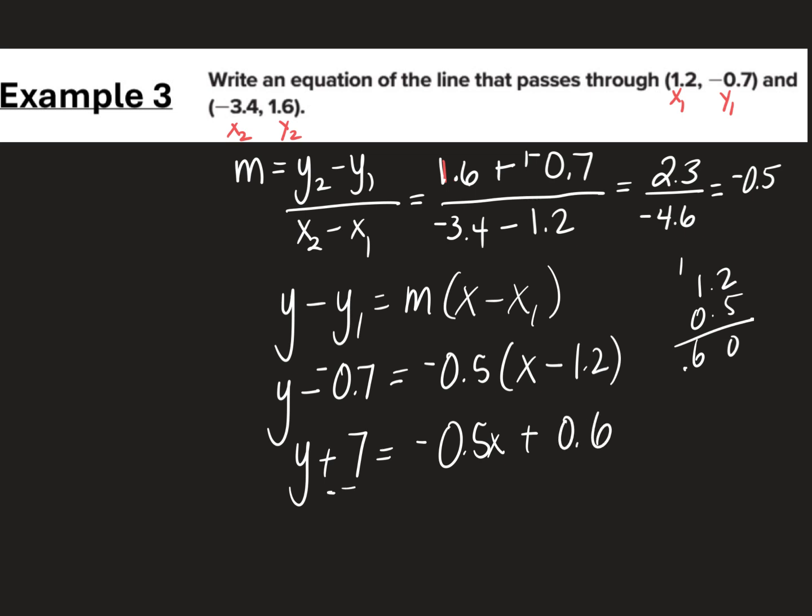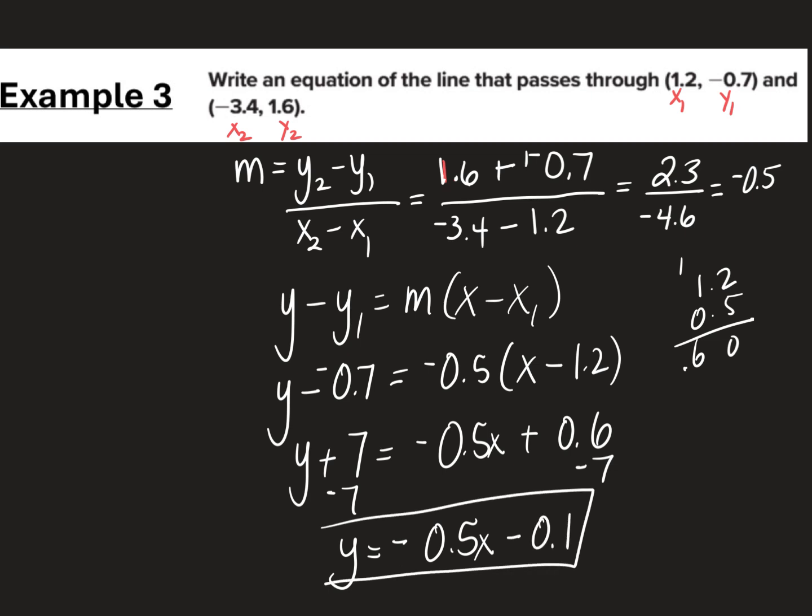I'm going to subtract 7. So y is going to equal negative 0.5x. Negative 7 plus 0.6 would be negative 0.1. And that would be my equation of the line that passes through those two given points.